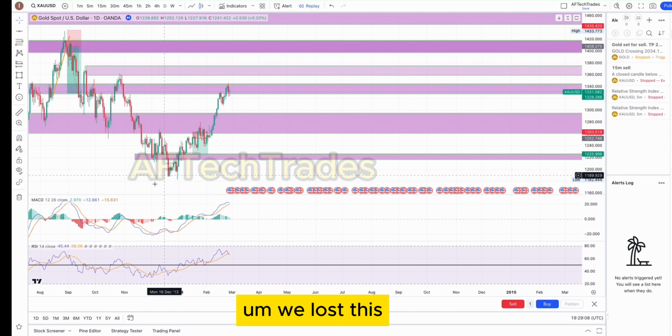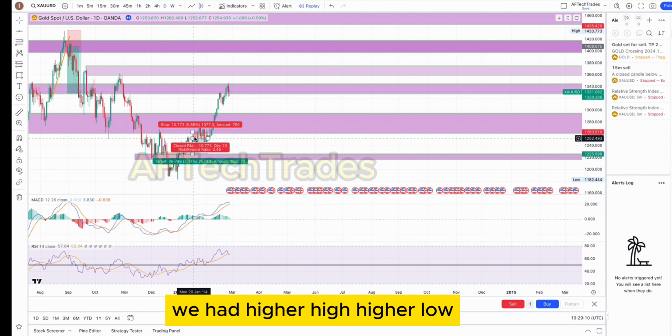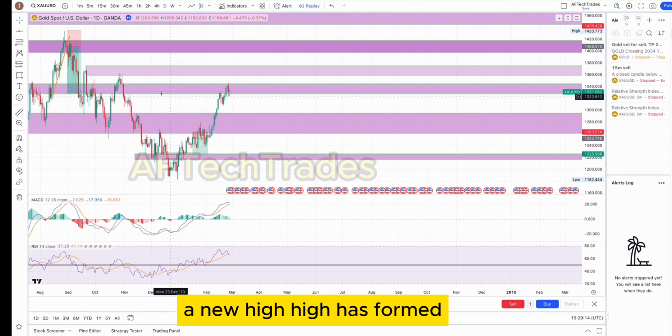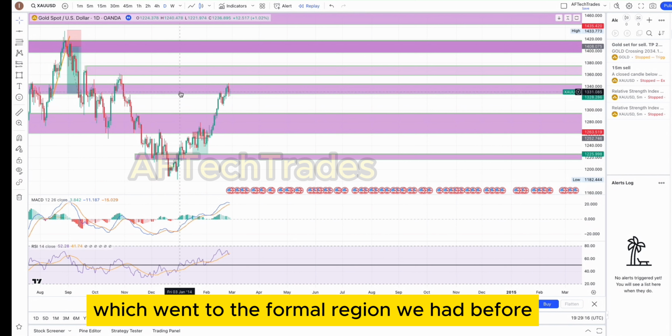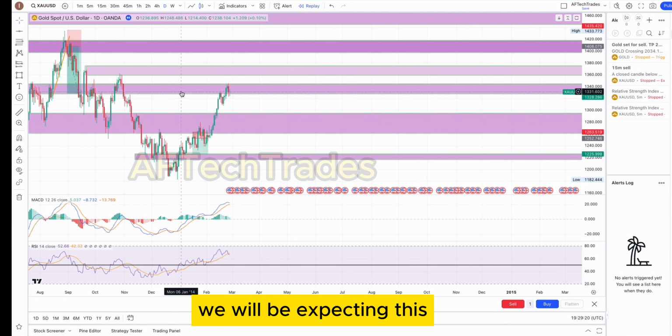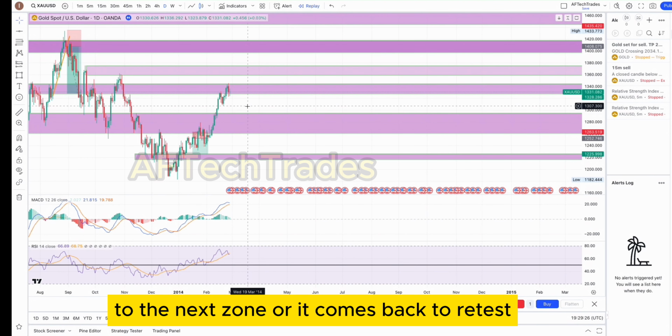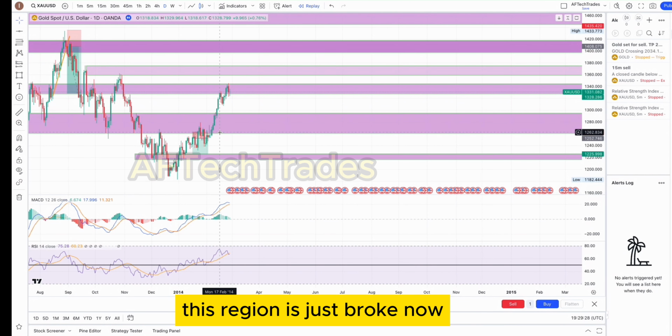We had higher high, higher low, higher high, higher low, higher high. A new higher high has formed, which went to the former region we had before. Two things can happen. Either it breaks it further to continue to the next zone, or it comes back to retest this region it just broke.